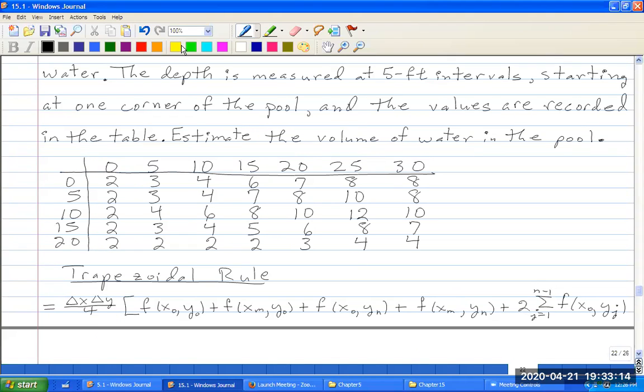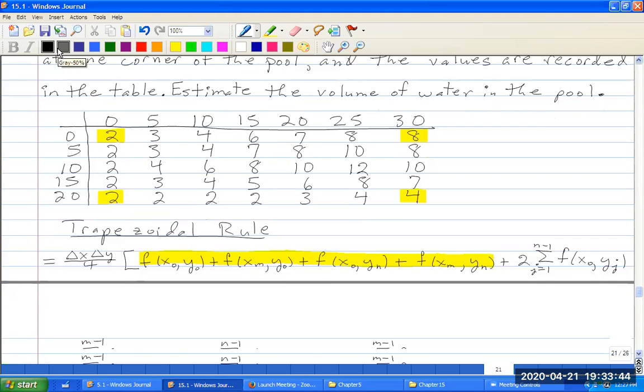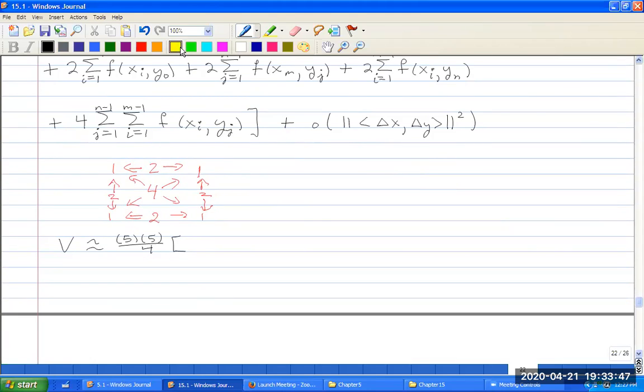These 4 points here have a value of 1, so I'm just going to add these 4 points: 2, 2, 8, and 4.